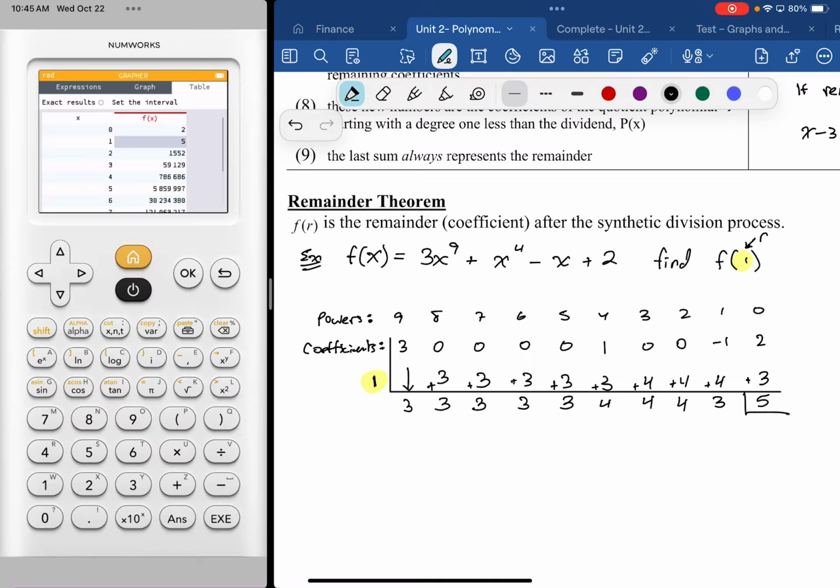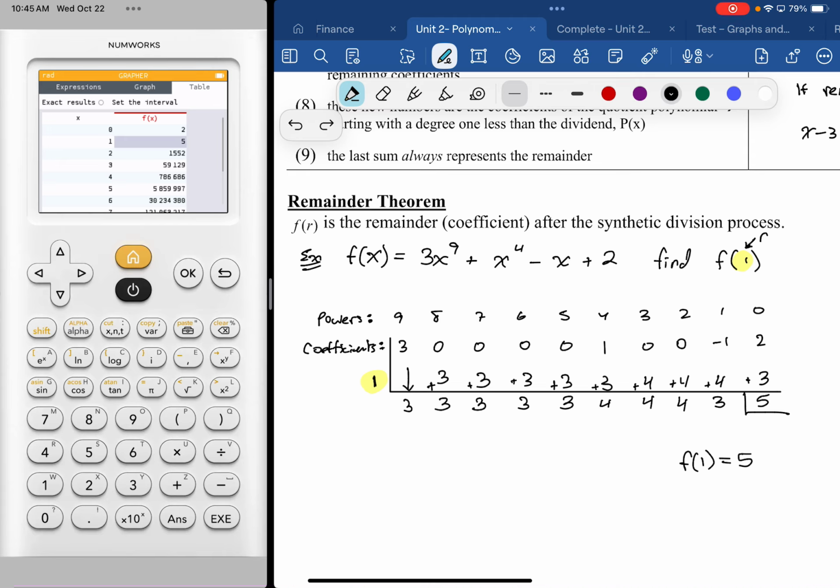Okay, so f of 1 is equal to 5. All right. So that would be my answer, but this work needs to be there to get any kind of credit.